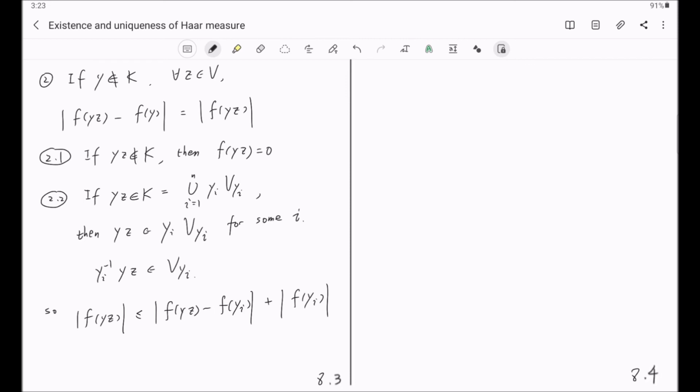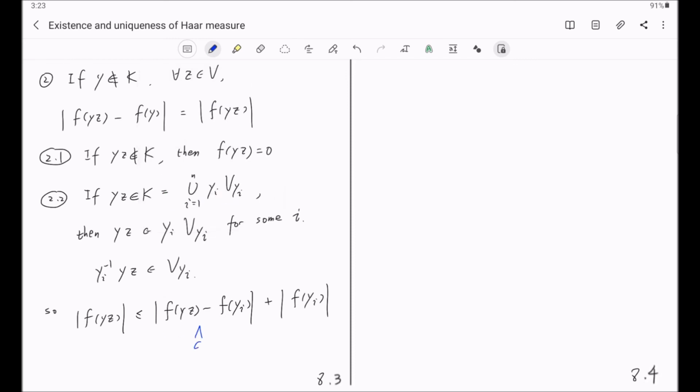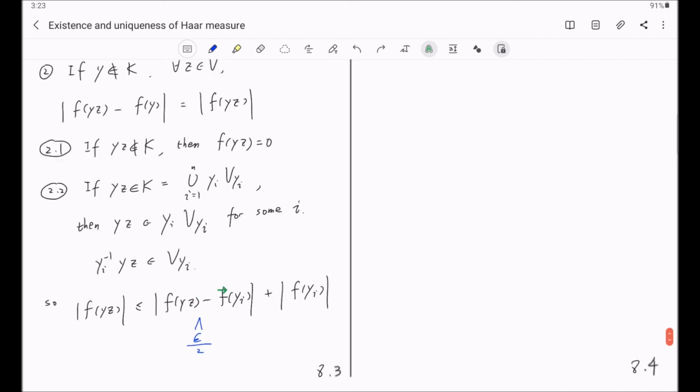The first part is less than half epsilon by the same reason as above. With the same argument as here, you can see that this absolute value is exactly the same as the situation here. So we get this guy is less than half epsilon by the same argument as above.